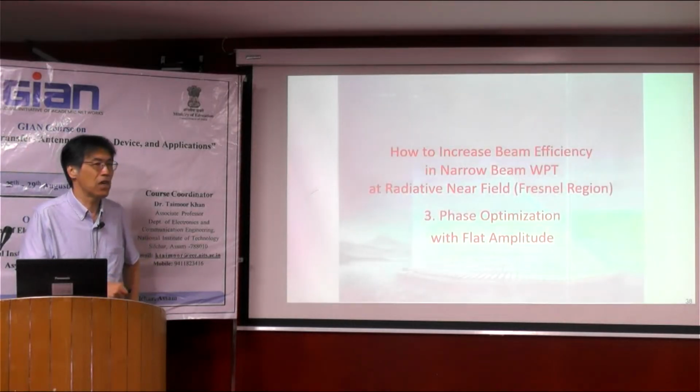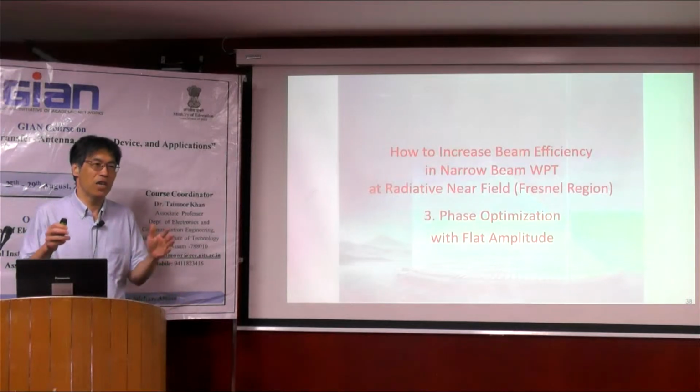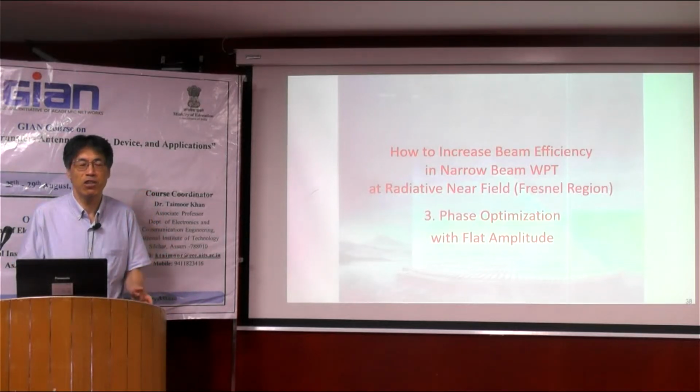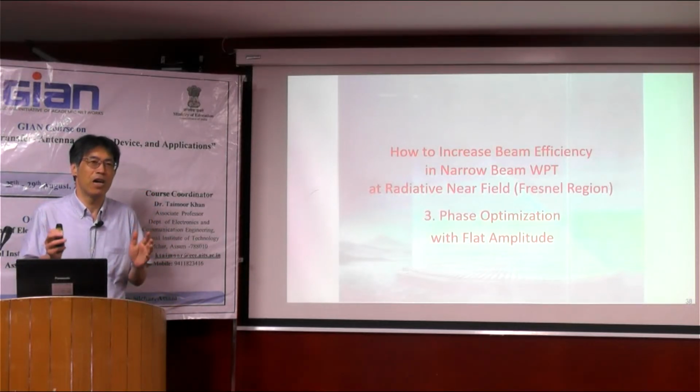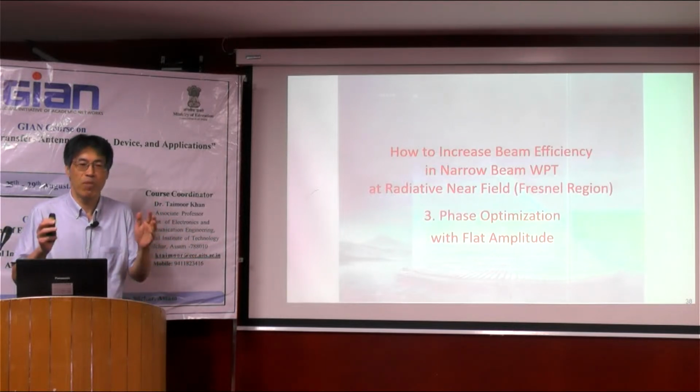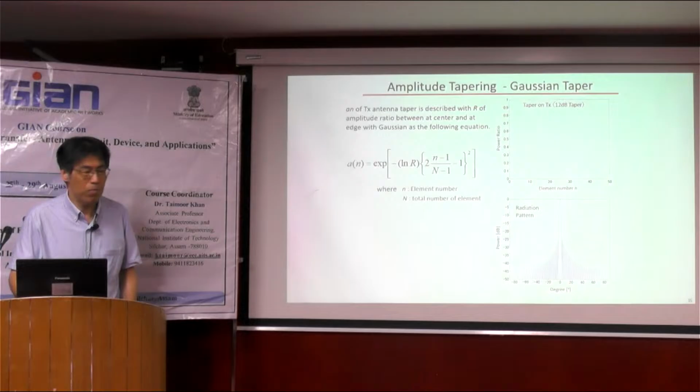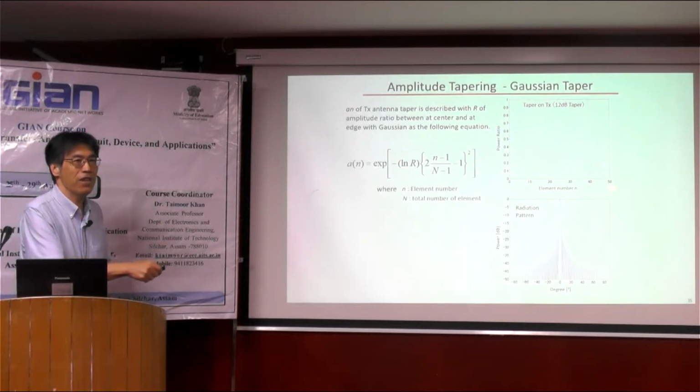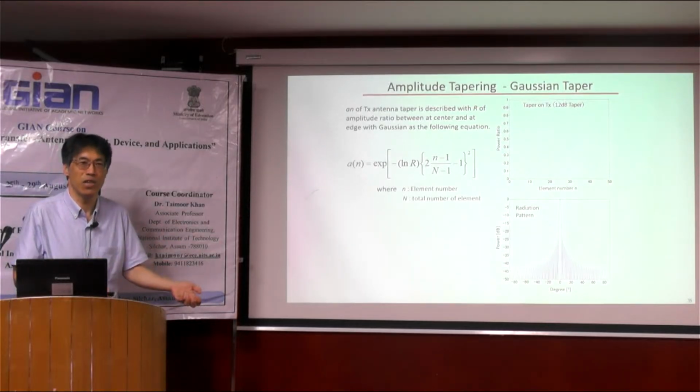And we have another way. When we consider the Gaussian taper, of course, in the maximization of the phase transmission formula, there is no problem. But in the circuit, we must put different power sources.